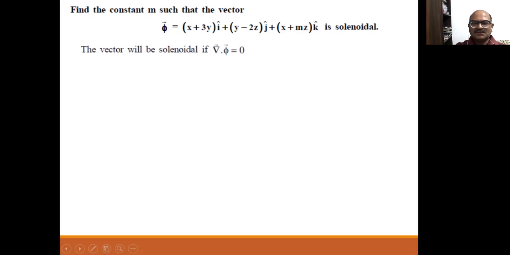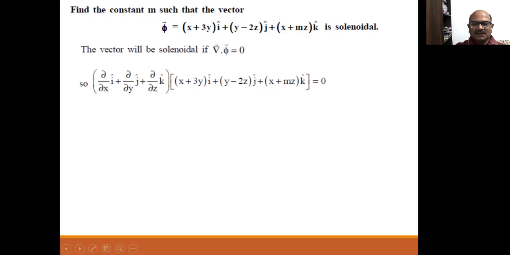The vector will be solenoidal if del dot the vector is 0. It means if its divergence is 0, then the vector will be solenoidal. So we can find the value by putting it in this equation, del dot the vector field.